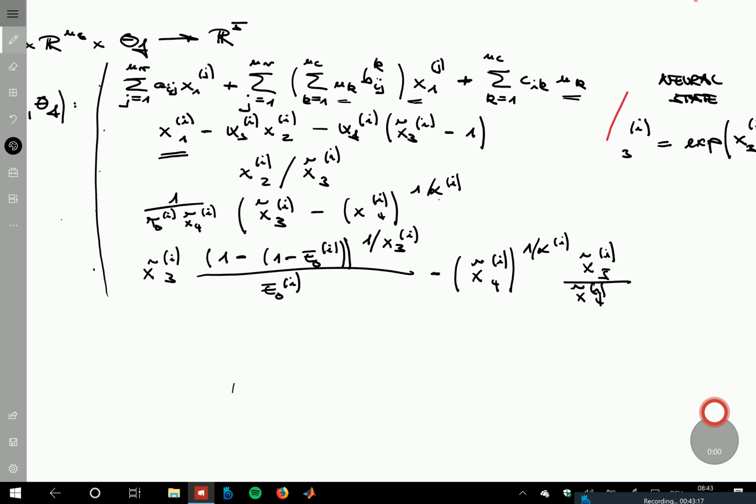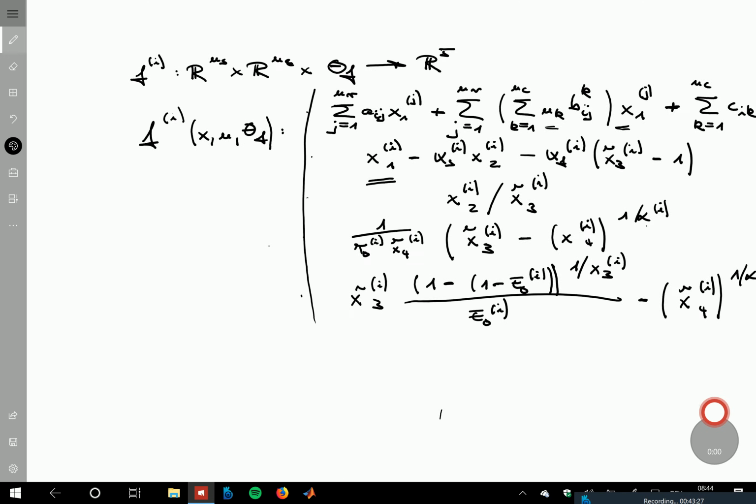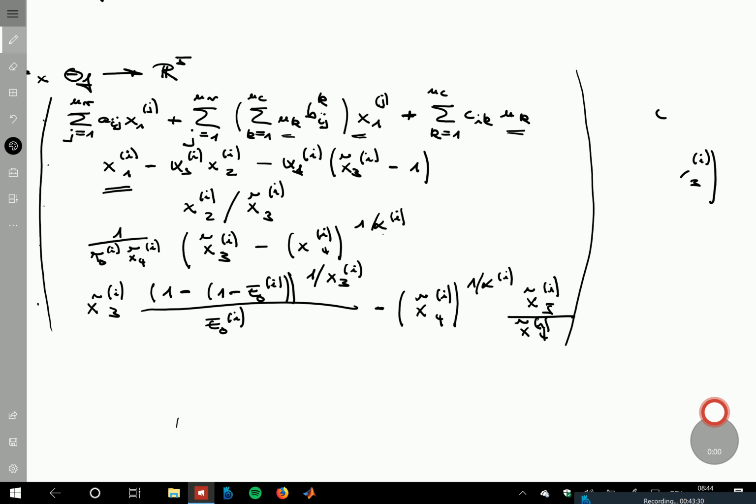Let's get rid of this. And that's essentially it. So maybe I put it next to it. This is dot x1i, dot x2i, dot x3i, dot x4i, and dot x5i.